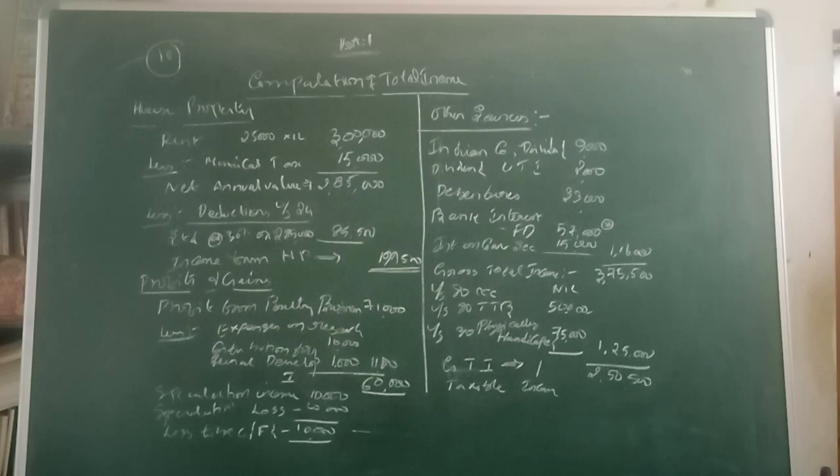The second eligible head of income here is business, as the person is engaged in a poultry business. So we can calculate profits on business. It is specifically given that poultry farming business income is 71,000. In addition, business research expenses are given: you paid 10,000 to a veterinary college of Calcutta, which is engaged in research of poultry farming.